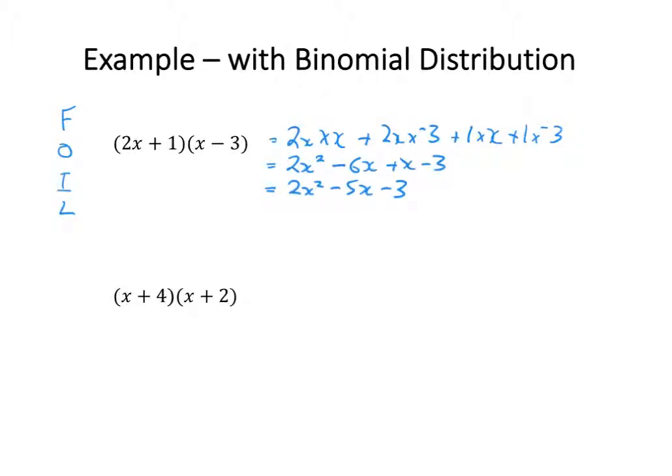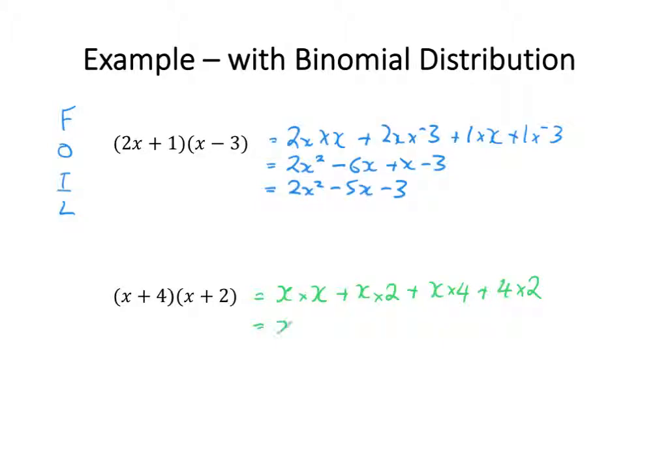Having a look at the distribution required for my second fraction, x plus 4, x plus 2. So again, using the FOIL method to complete that distribution. So starting off with the first, it's going to be x times x. Going and doing my outsides, so plus x times 2. My insides, plus x times 4. And then my last, plus 4 times 2.